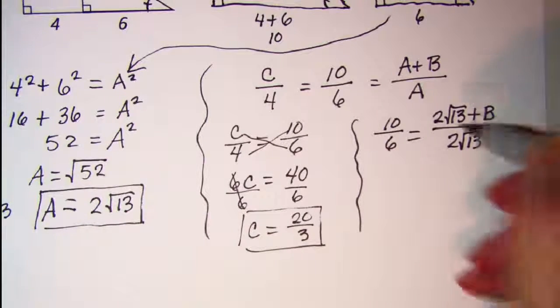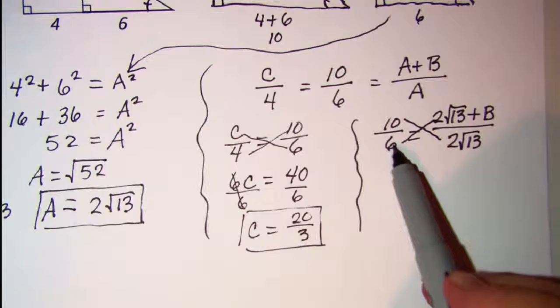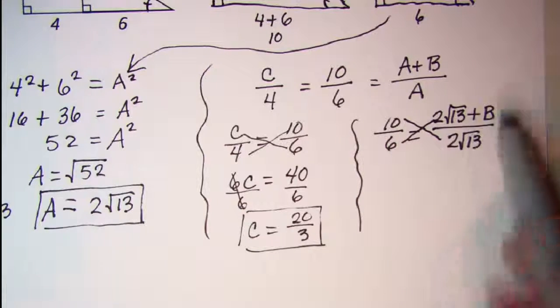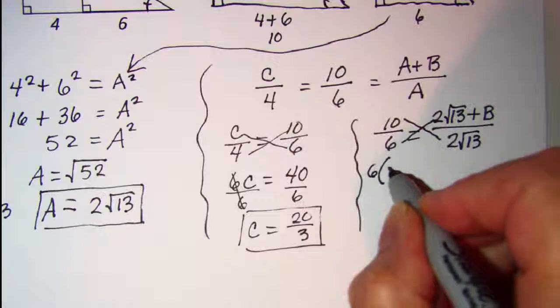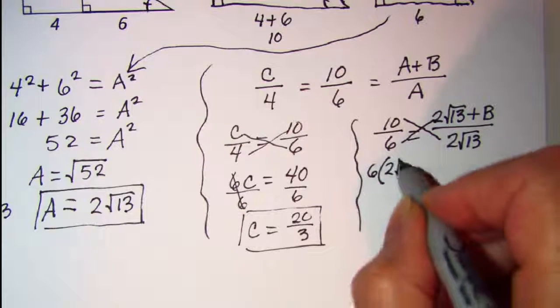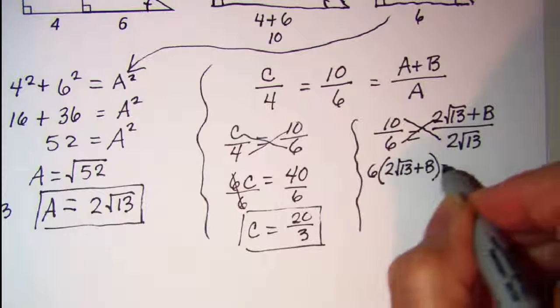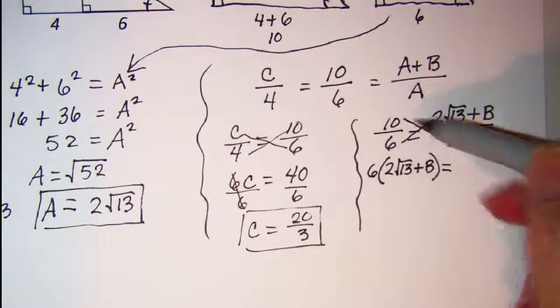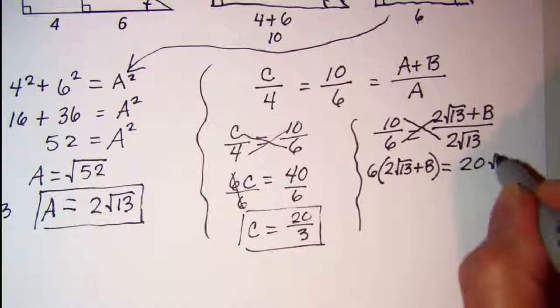Okay, just do cross products again. I'll have to distribute my 6 through this binomial. So let me write it first. So 6 times 2 root 13 plus B is equal to 10 times 2 root 13, which is 20 root 13.